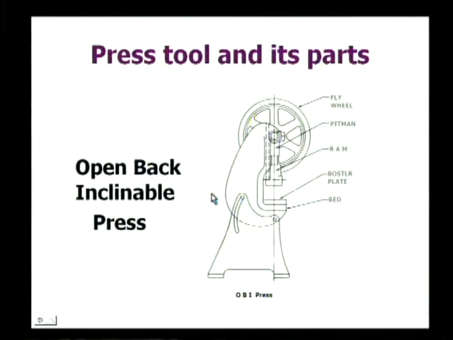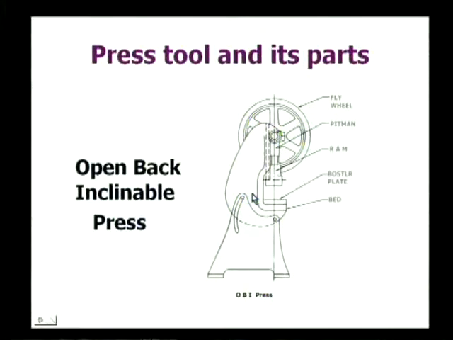Let us see the press tool and its parts. Here this diagram shows the most versatile machine tool, that is an open back inclinable press. There are different types of press tools, in which the mechanical press is most widely used, and in addition to this, hydraulic presses and other presses are also there.